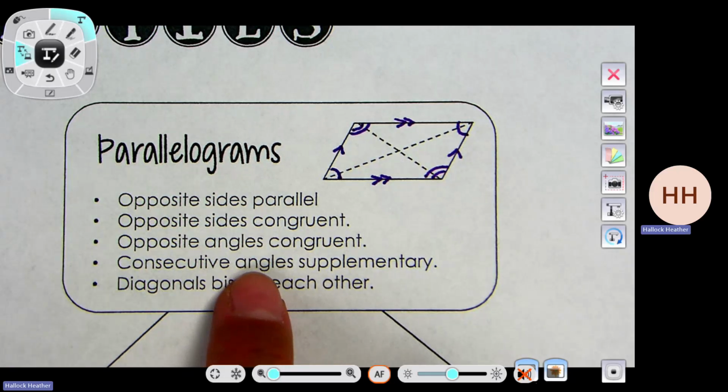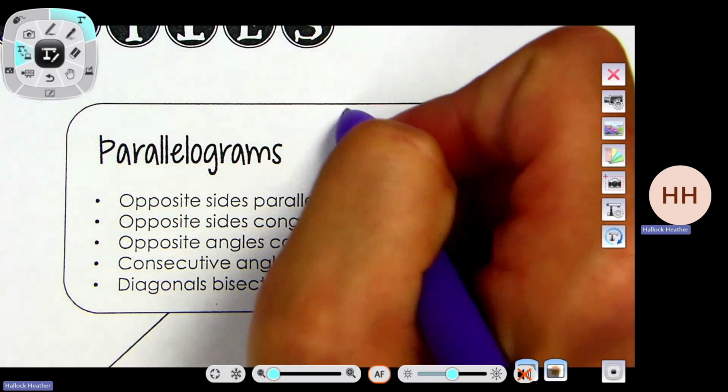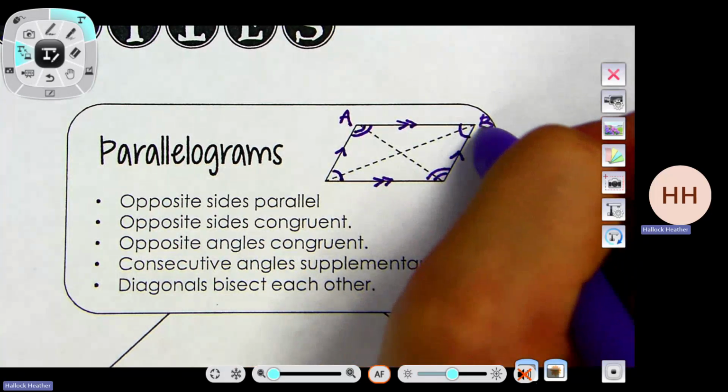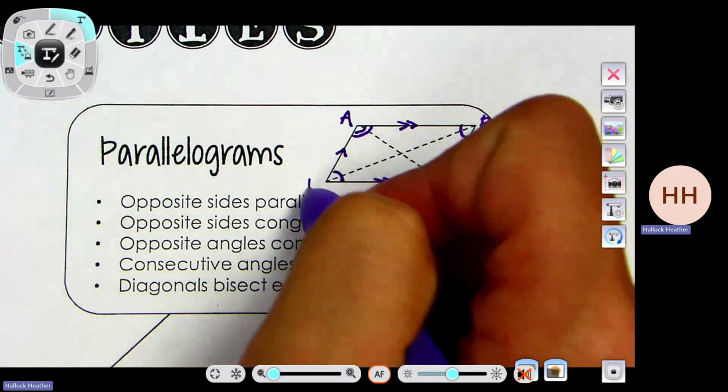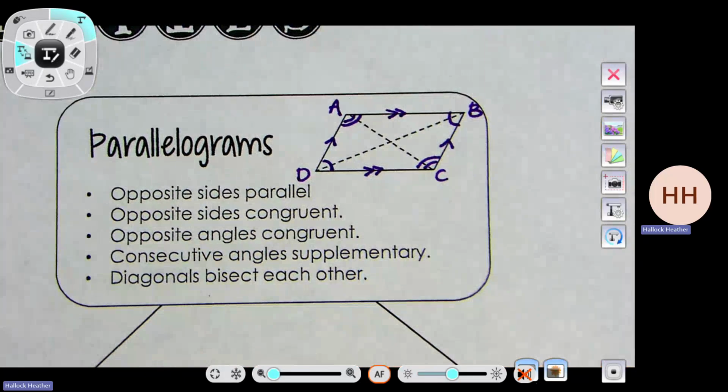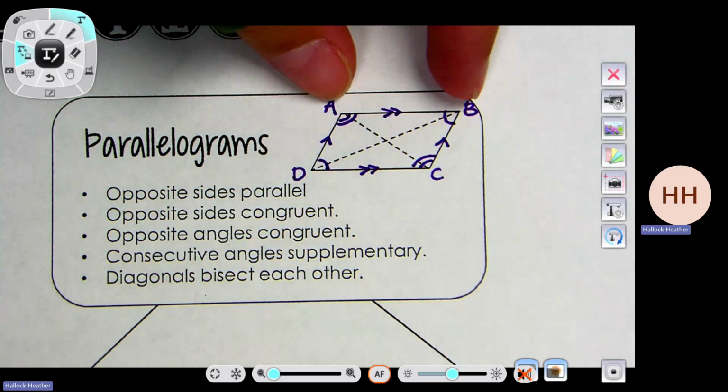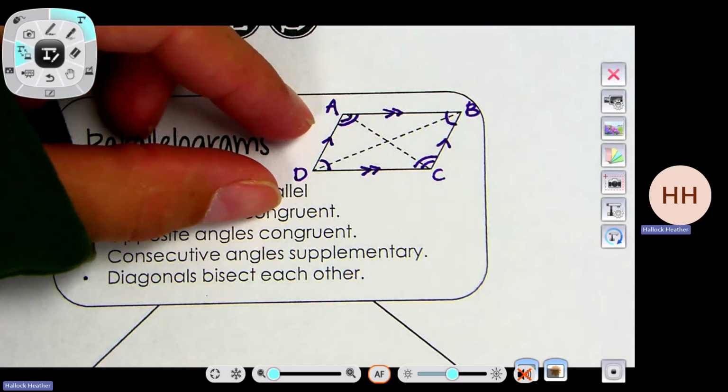Consecutive angles are supplementary. So we're going to label each vertex. I'm going to call this A, B, C, and D. I'm just working around randomly. Can anybody tell me a pair of angles that add to make 180? A and B. So A and B are consecutive. They're next to each other. Those would add to make 180. A and D would add to make 180.